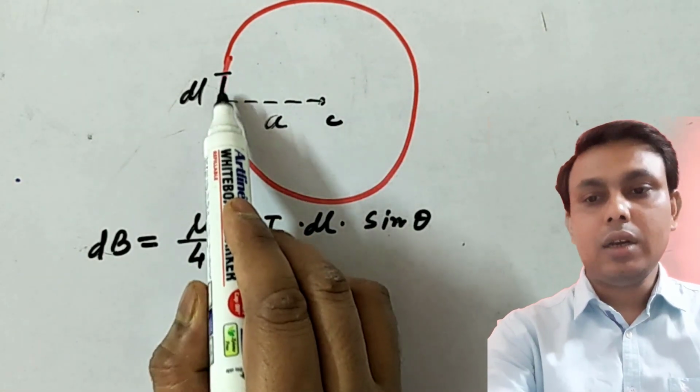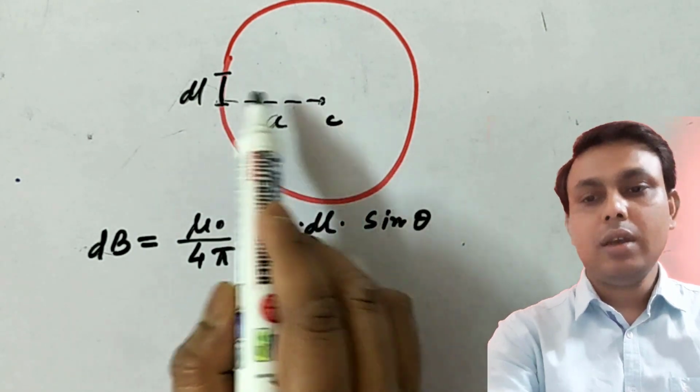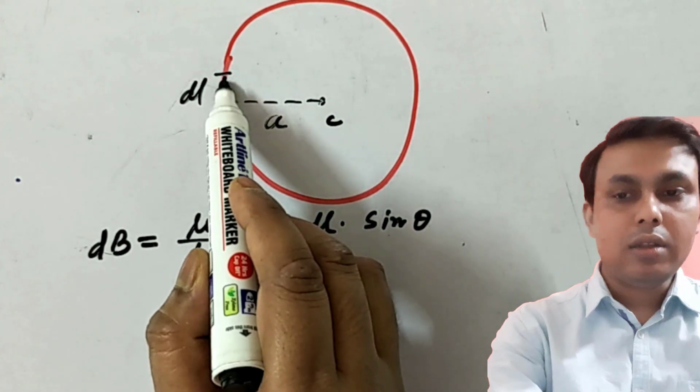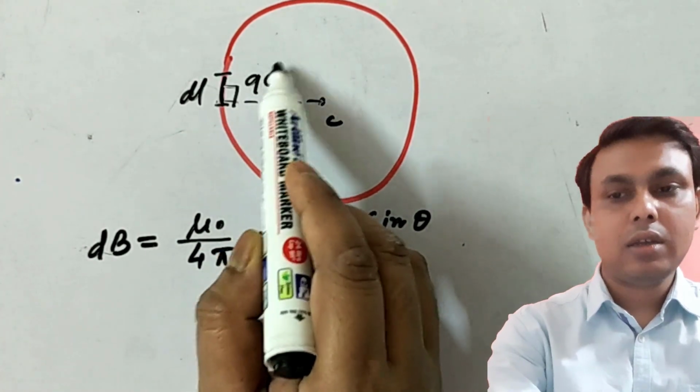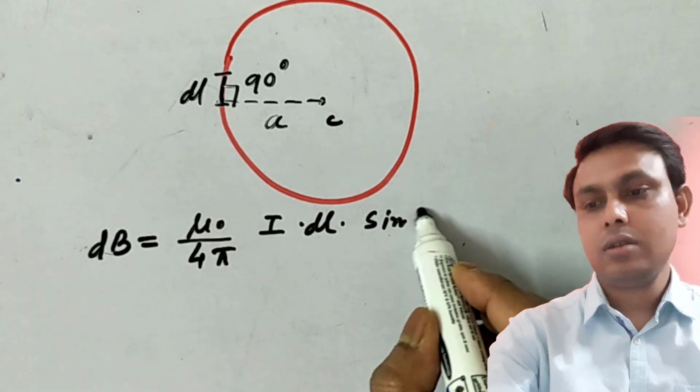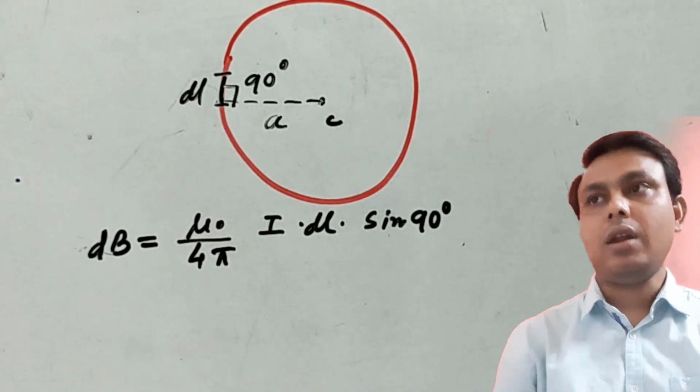অর্থাৎ আমরা dl এবং a radius এদের মধ্যেকার কোণের কথা বলছি। Now you see that here this angle is 90 degree. So we shall write here 90 degree.